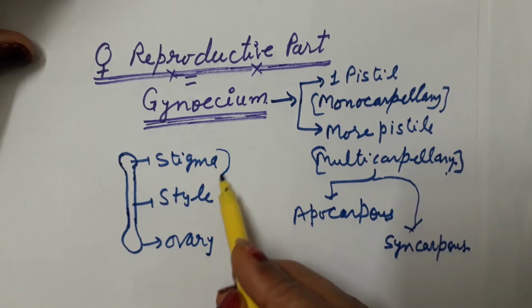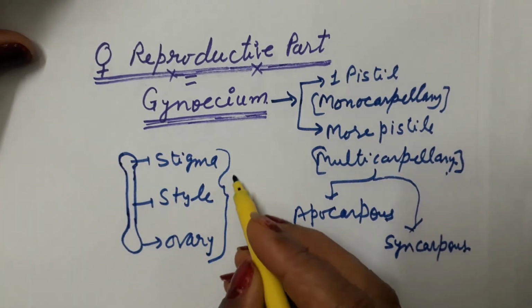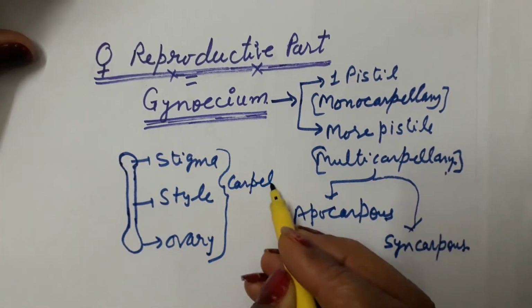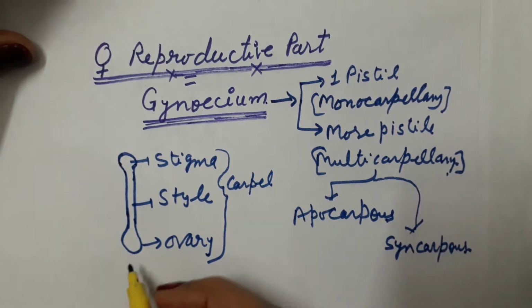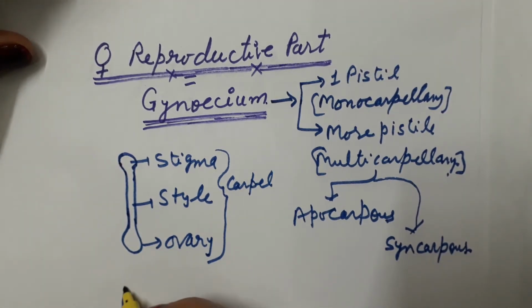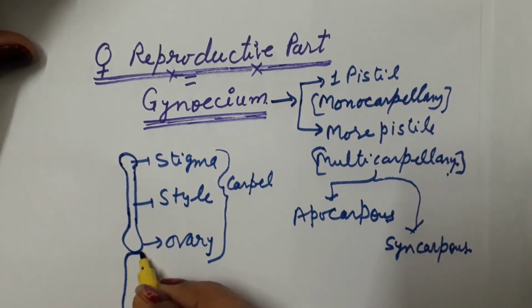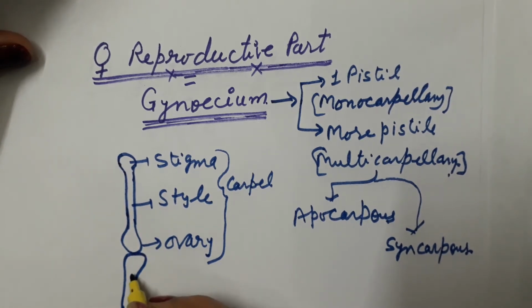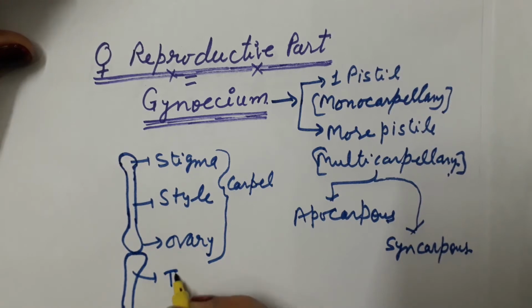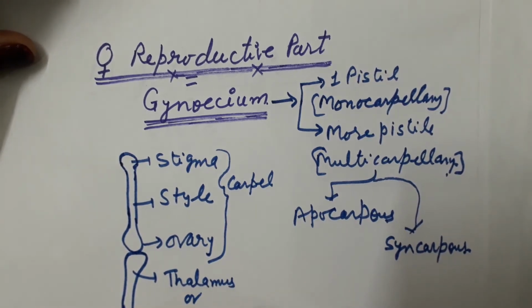All these 3 parts together constitute the carpel or pistil, and this lies on the flattened thalamus or receptacle.